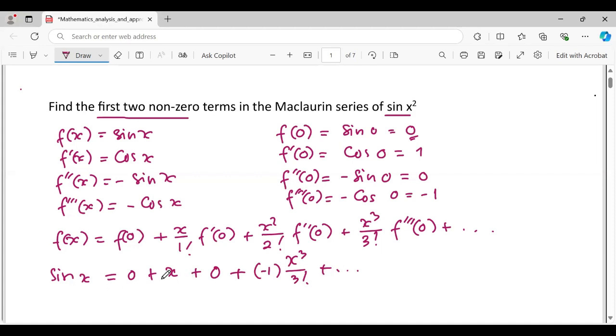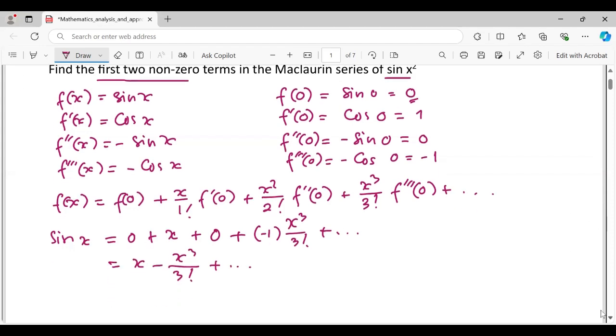So this is the Maclaurin series, x minus x cubed over 3 factorial plus so on. This is the Maclaurin series for sine x.